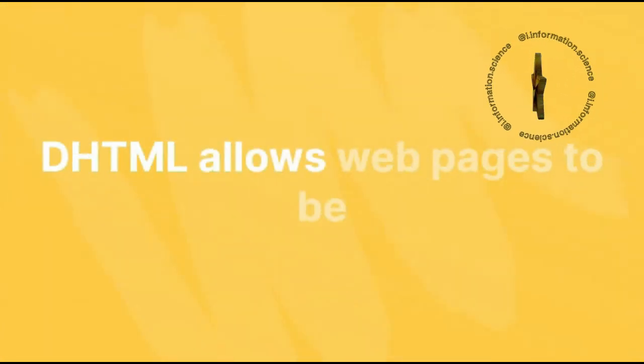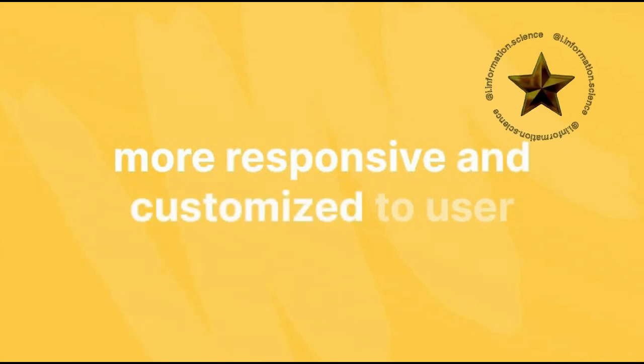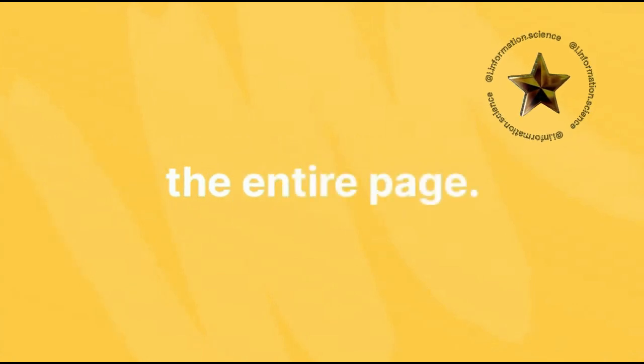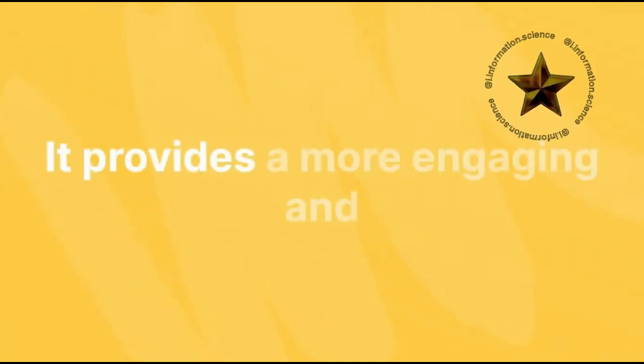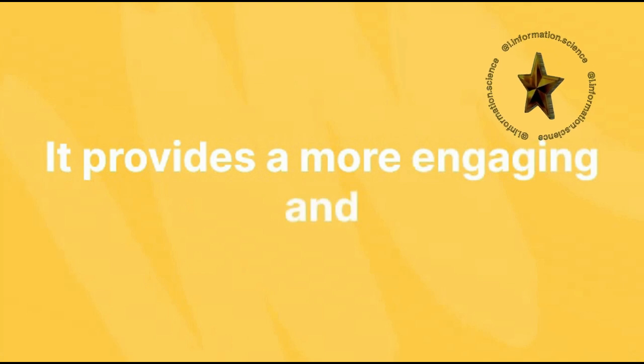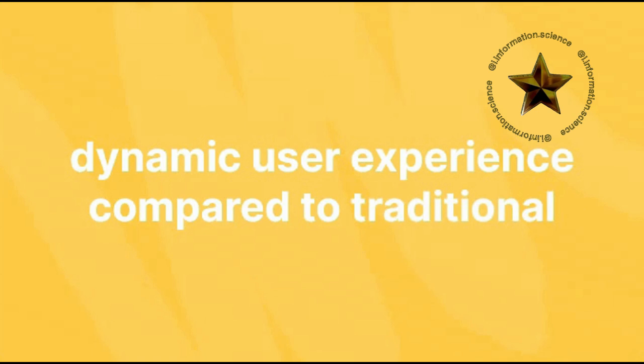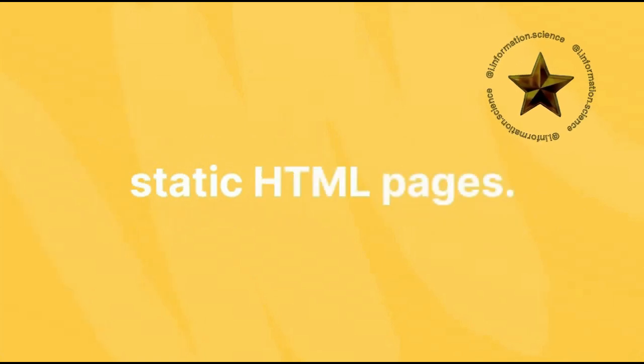DHTML allows web pages to be more responsive and customized to user interactions without the need to reload the entire page. It provides a more engaging and dynamic user experience compared to traditional static HTML pages.